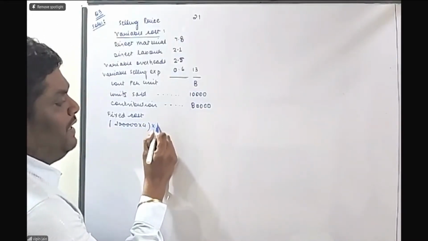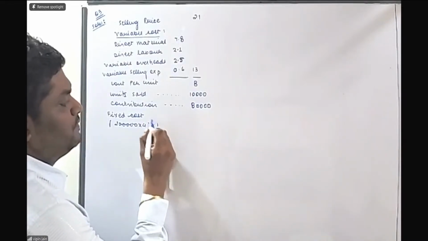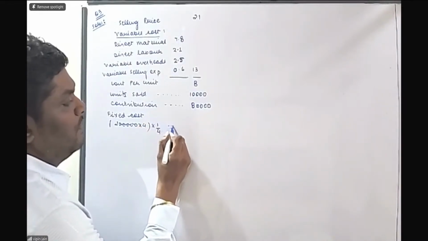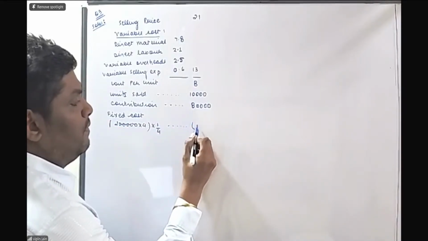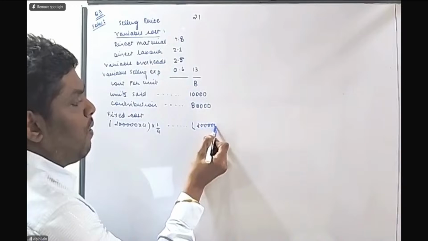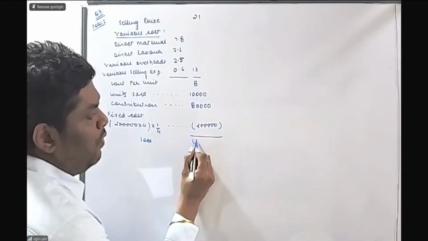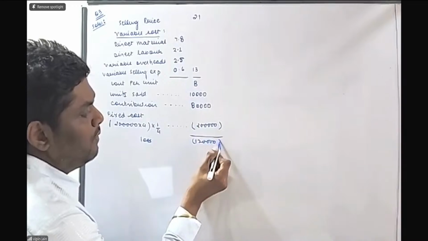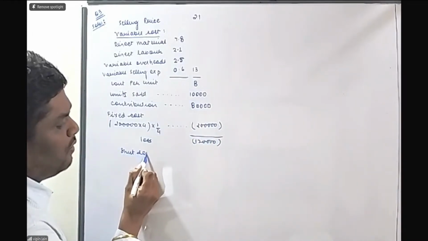And for a quarter, if we divide it by 4, we'll get the fixed cost. So the loss will be how much? 1,20,000.